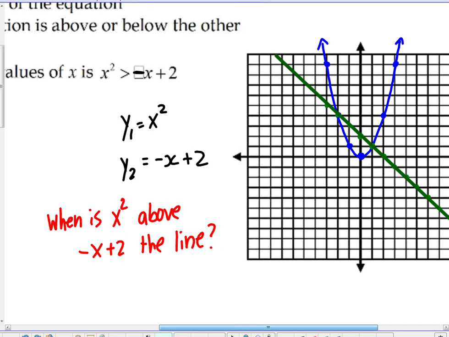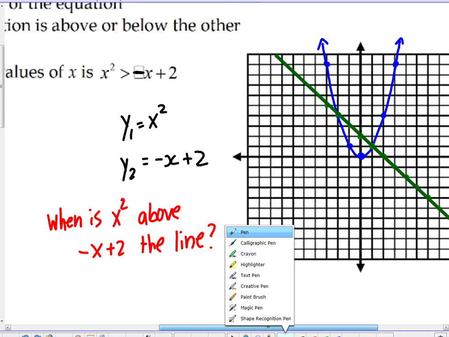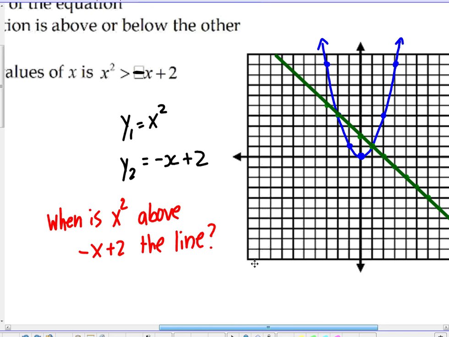So where is the quadratic greater than the line? Where is the intersection? The x value of the intersection. Negative 2, and the other intersection's at 1. So our critical values are at negative 2 and 1.